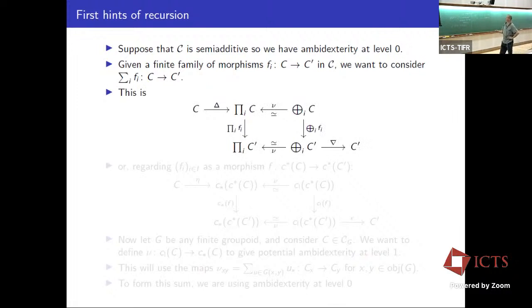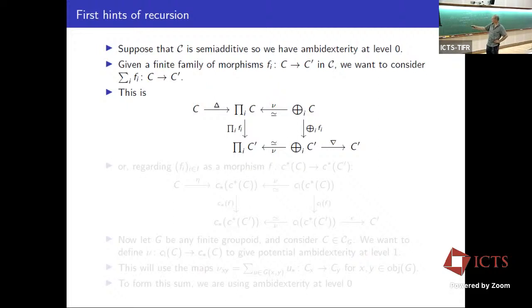So how do we define the sum of these Fi's? Well, we've just got one object C, but you can take the I-fold product of it, the product of I copies of the same C, and you have the product of the F's here. Or similarly, you can take the direct sum of I many copies of C, and you've got the direct sum of the maps going down there.